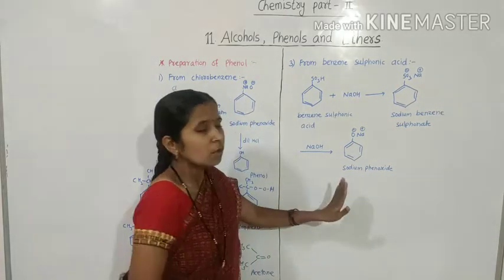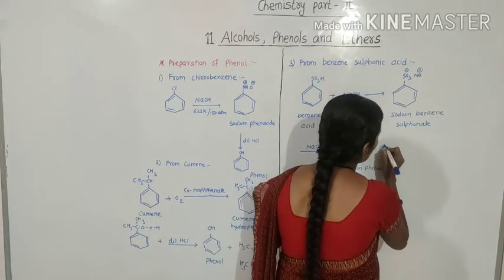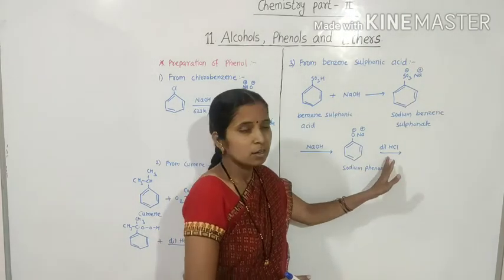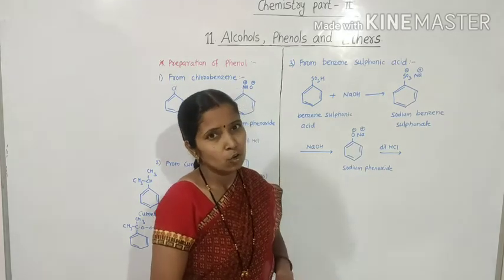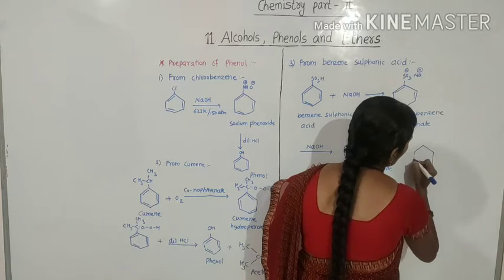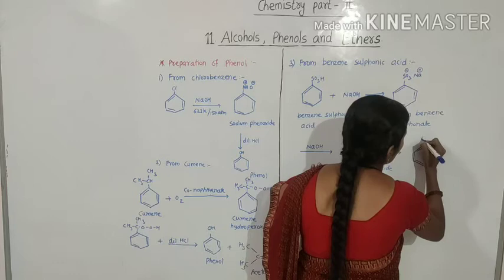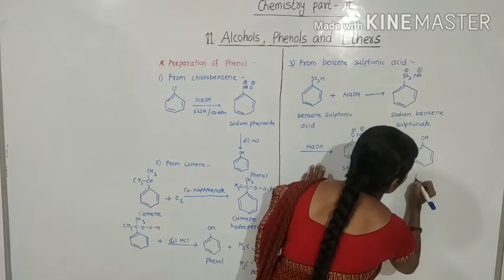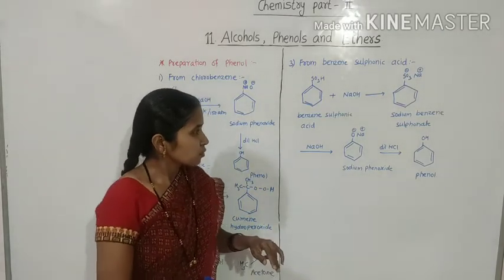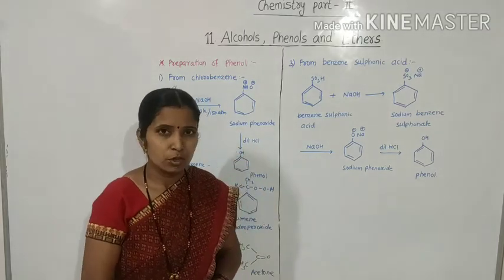And this sodium phenoxide under reaction with dilute HCl forms phenol. Let's see the formation of phenol. So here phenol is obtained from benzene sulfonic acid.